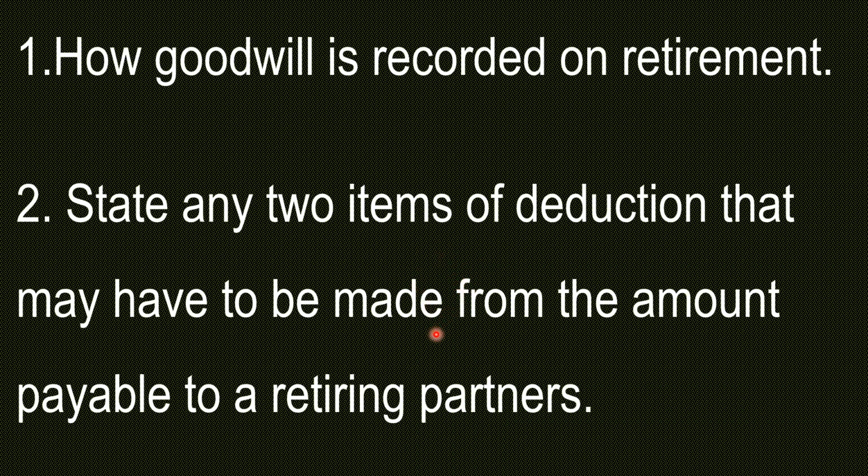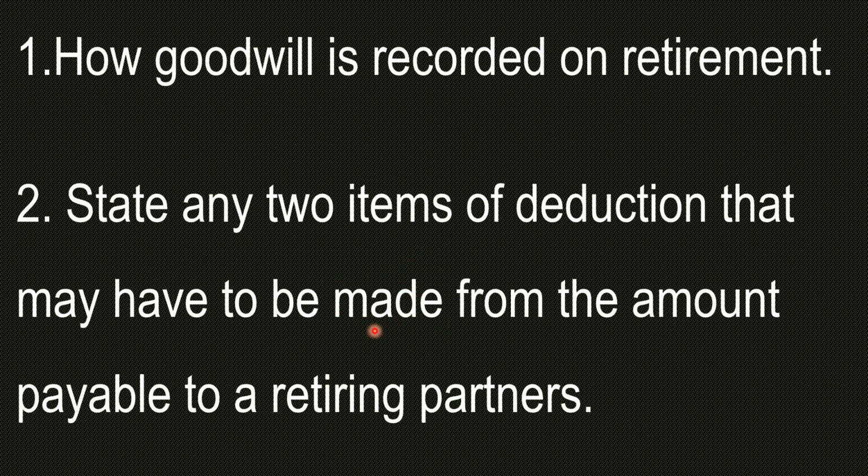All are credited to give the benefit to the retiring partner, but a few items will be deducted from the retiring partner's capital. So in this question you have to mention such items.